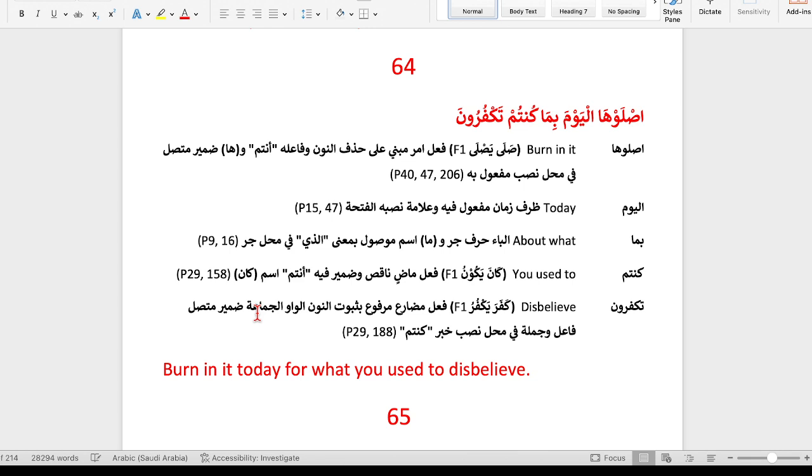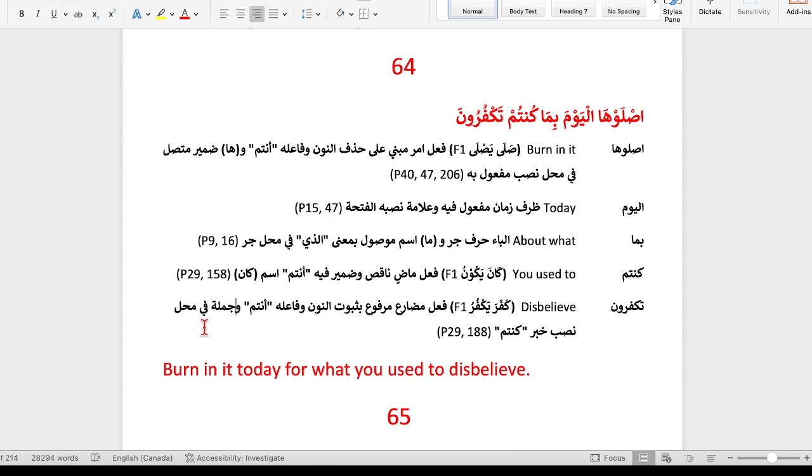And then again, normally when you see waw here, that means this is for antum. But we'll make it simple. Wa fa'iluhu antum, you disbelieve.